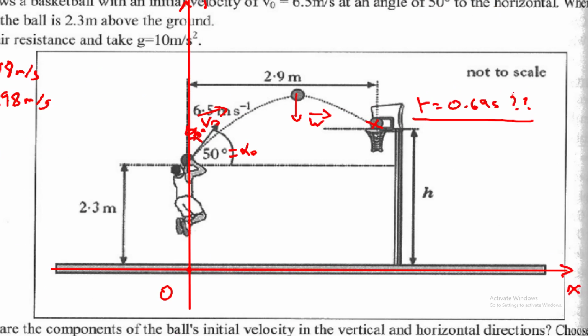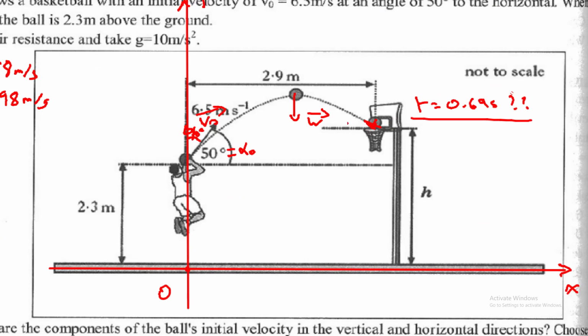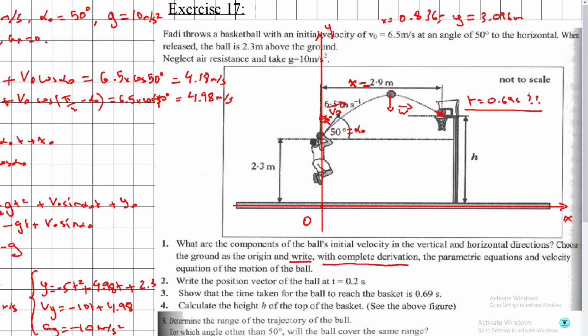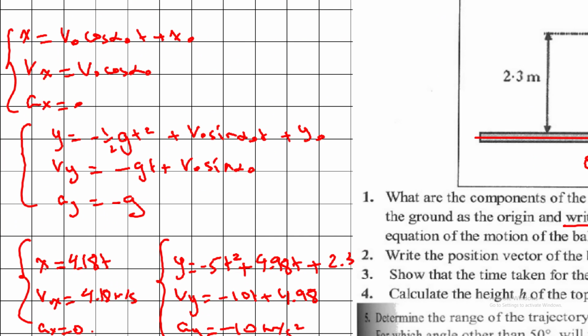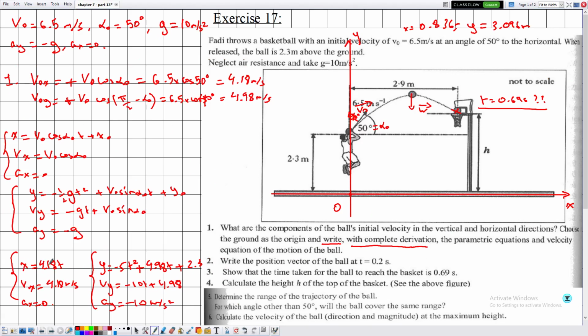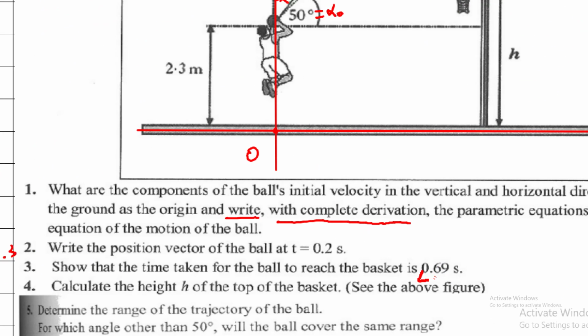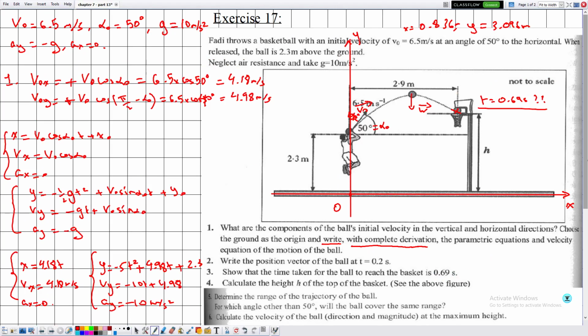So for this event, what do we know? We know the distance x from the origin. And the link between x and t is simply this equation, okay? So straightforward, we know the value of x, we can determine the value of t, and for sure it will be given by 0.69.